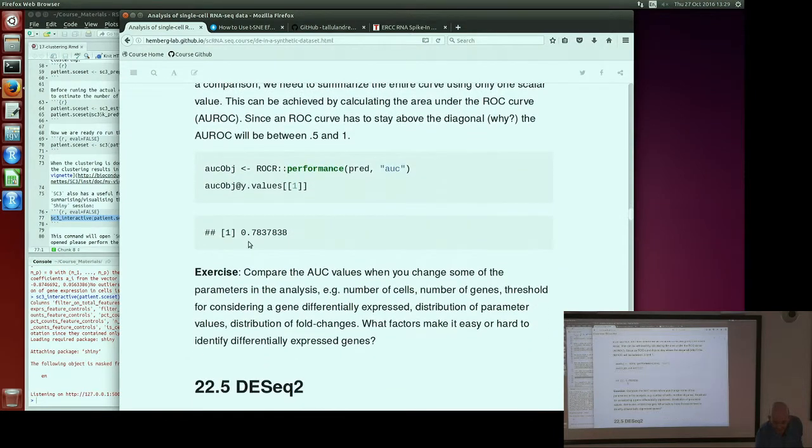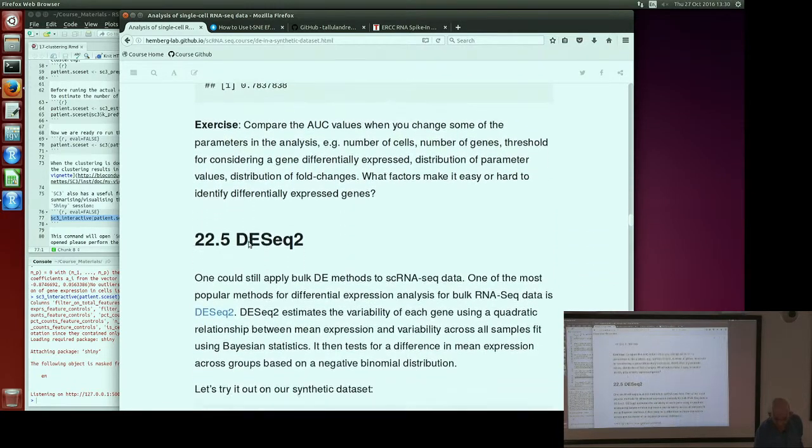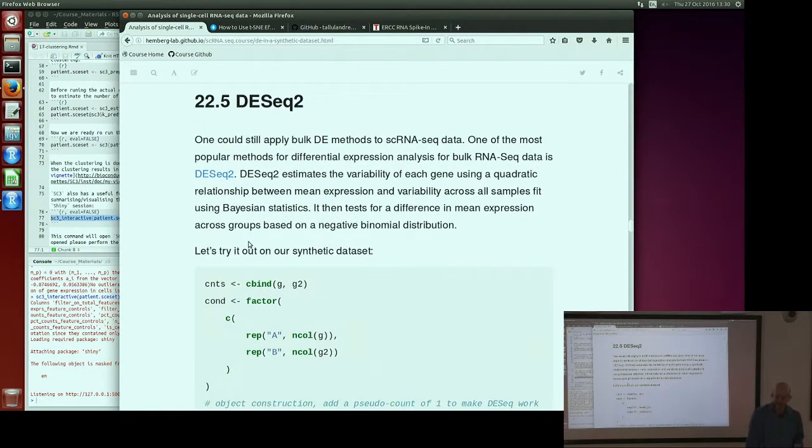So that was that bit, and now we've calculated the area under the curve for this particular example. Assuming that most of you have heard of DESeq2, which is one of the most popular methods for doing differential expression for bulk RNA-seq data.